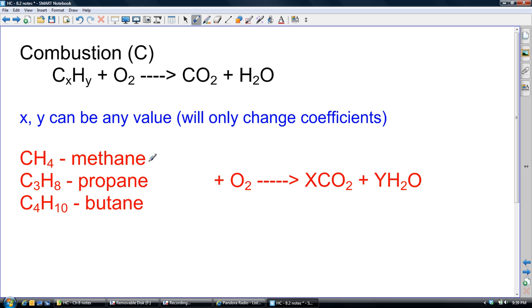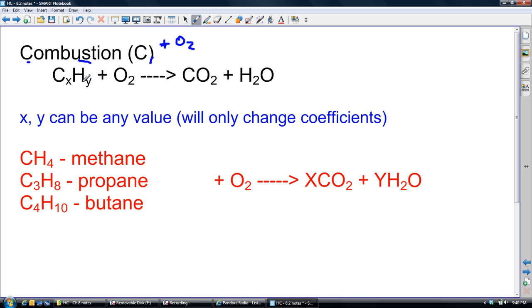Alright, so the very last category, combustion reactions. Okay? These are obviously the reactions that go boom. Just in general, a combustion reaction really is any reaction in which a chemical burns, and most chemicals burn in the presence of oxygen.